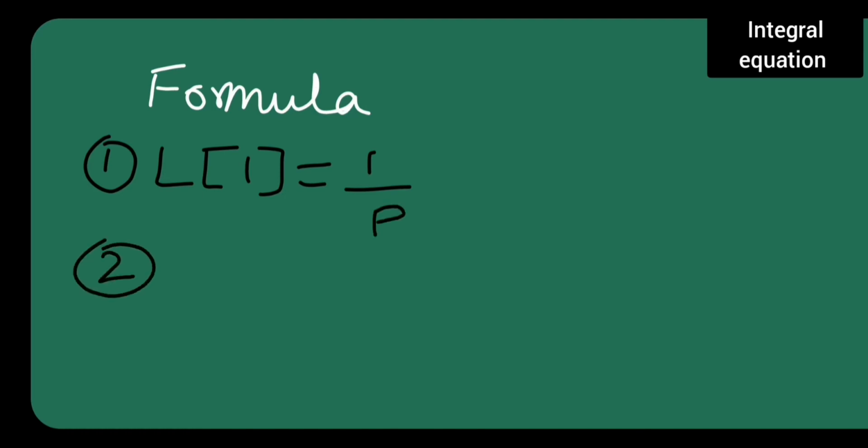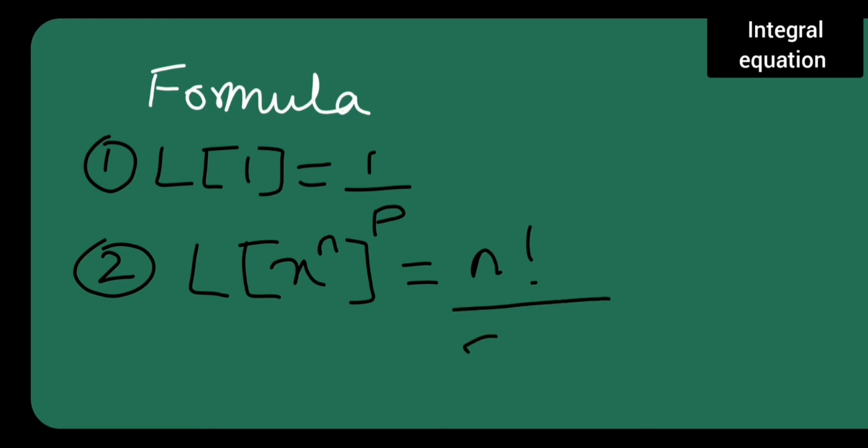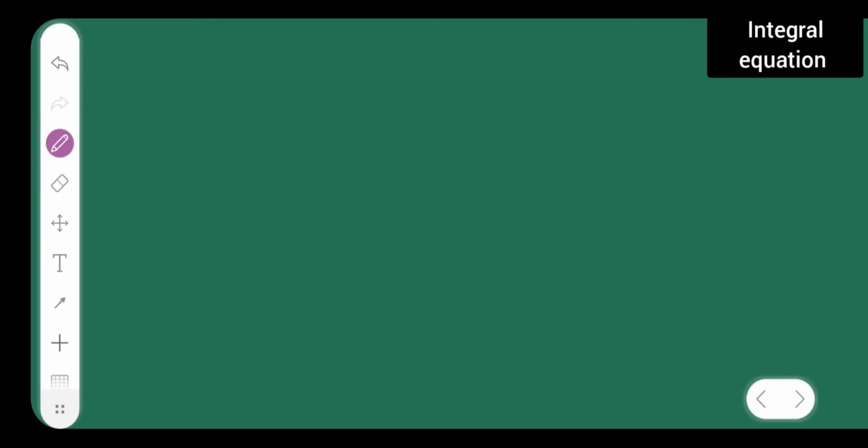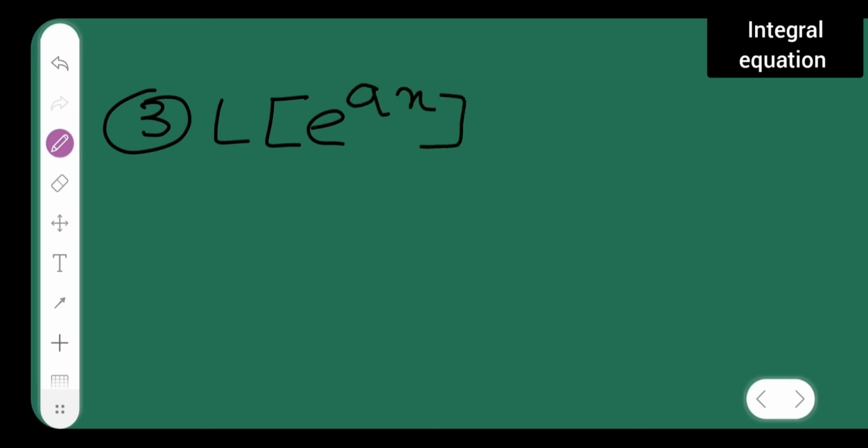Second is Laplace of x raised to power n, which is n factorial upon p raised to power n plus 1, right? Now third one is Laplace of e raised to power ax, which is nothing but 1 upon p minus a.